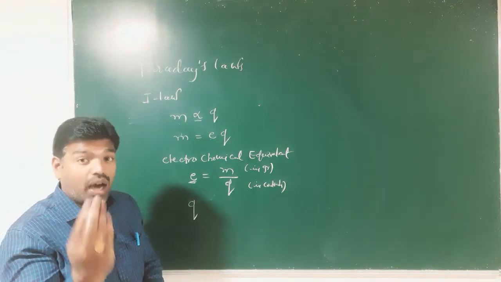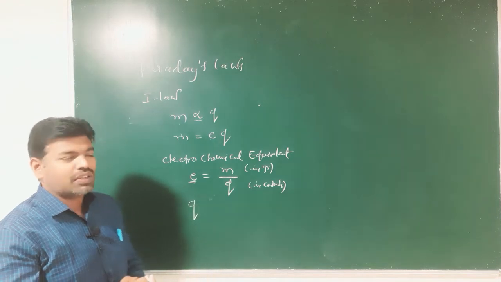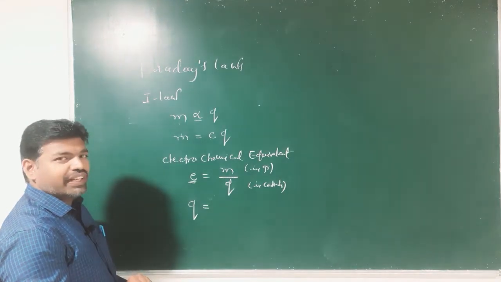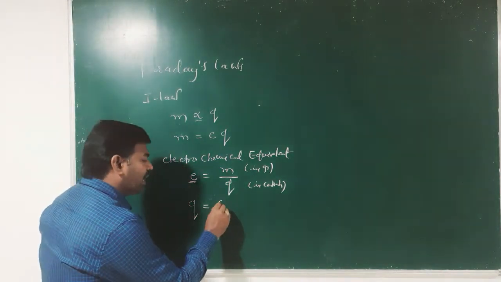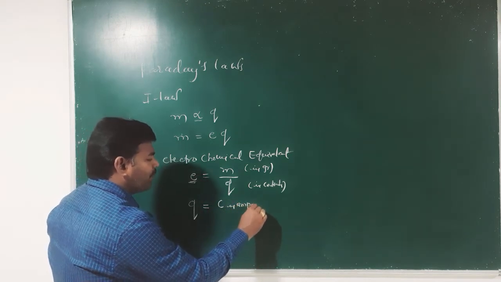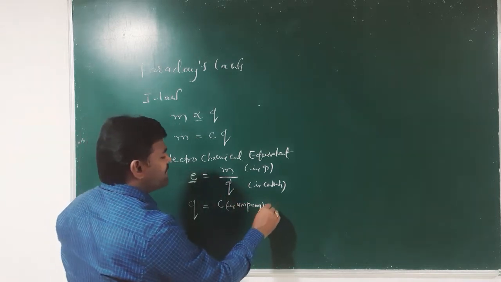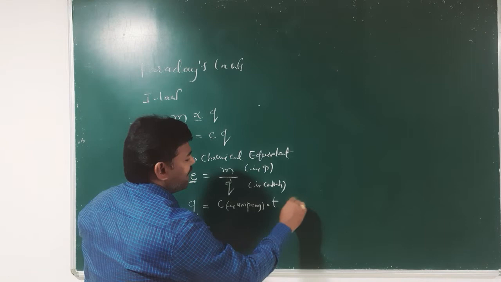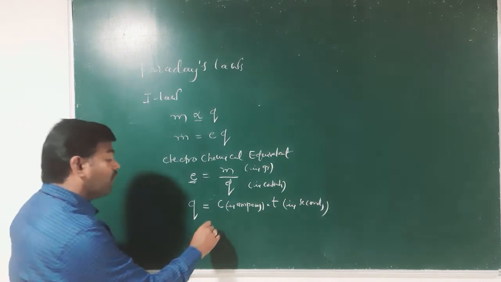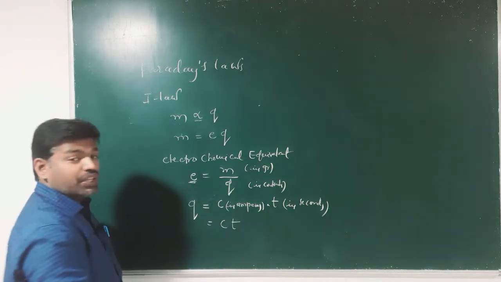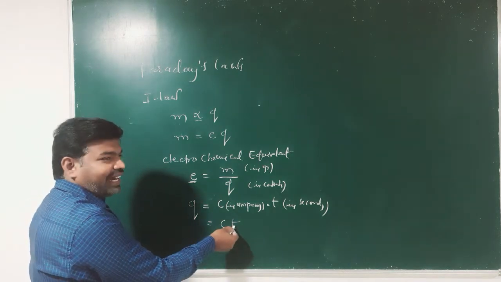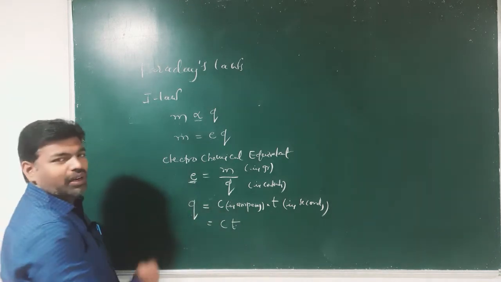Electrons have charge. From earlier classes we know that q is a product of current in amperes and time in seconds, q is a product of C into t. So current in amperes and time in seconds, this product gives coulomb q.